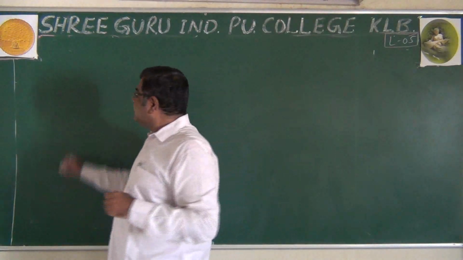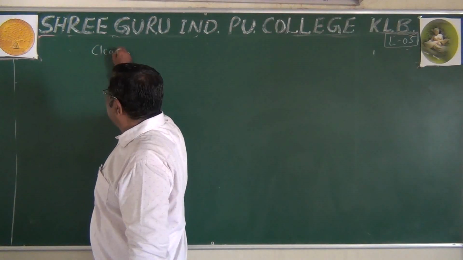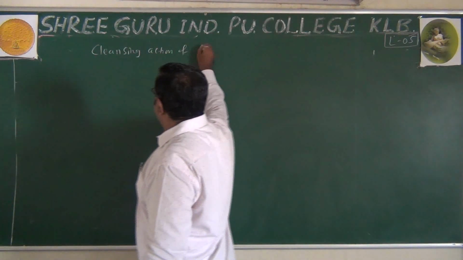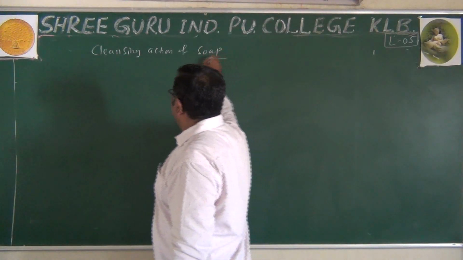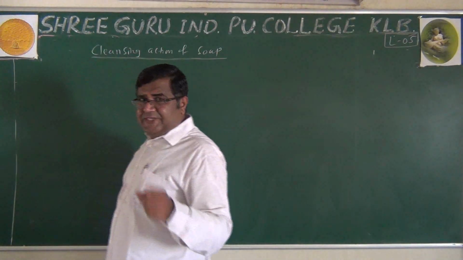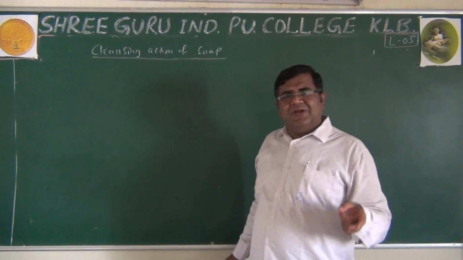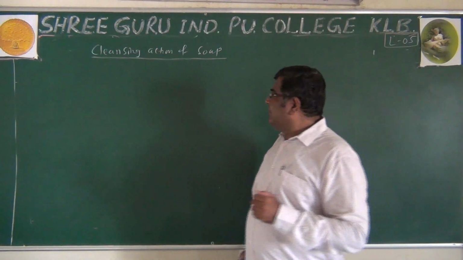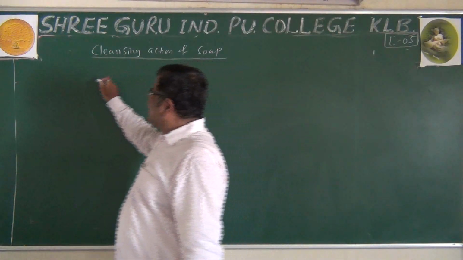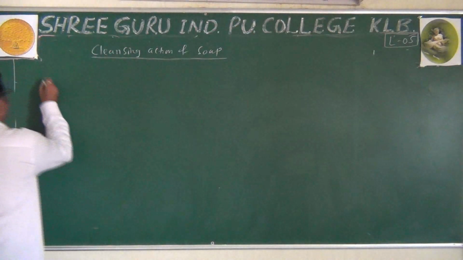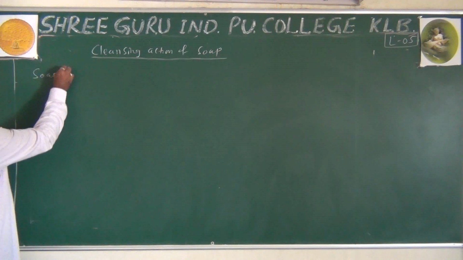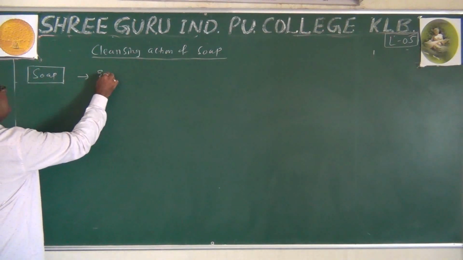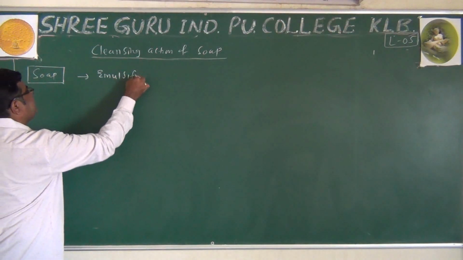We'll see that. It is called the cleansing action of soap because soap is a surface active agent, a surfactant, and can form associated colloid. Just now I have learned it. Now what exactly is the role of soap here? The role of soap is that it acts as an emulsifying agent.